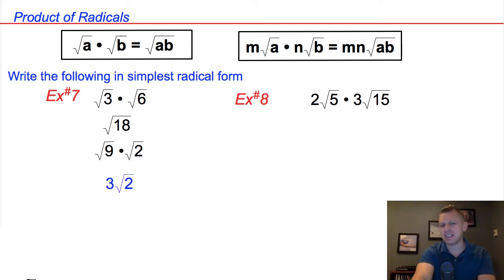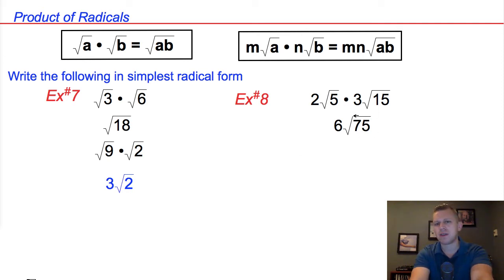Let's take a look at example number 8. In example number 8, you have something a little different going on. You have a coefficient on each radical term, and you also have the radicand. The idea is that we want to multiply the coefficients and multiply the radicands to take this product. So I can multiply 2 times 3 and I'll get 6, and 5 times 15 will be 45. Oops, sorry, 5 times 15 is 75.